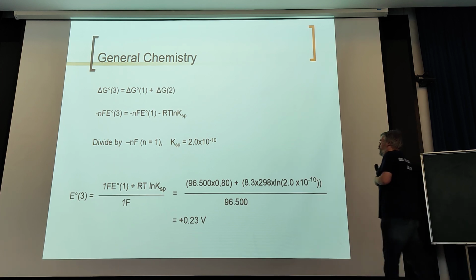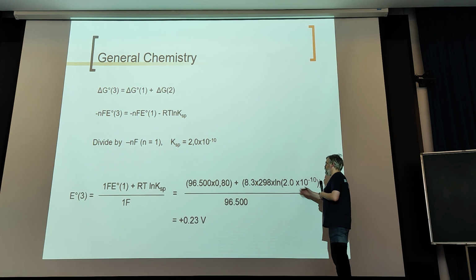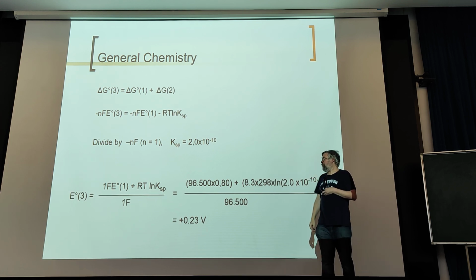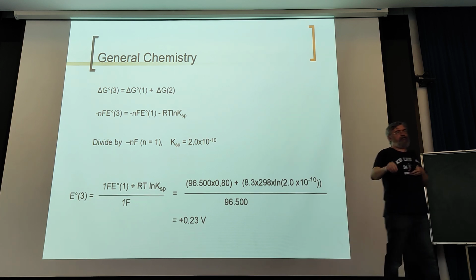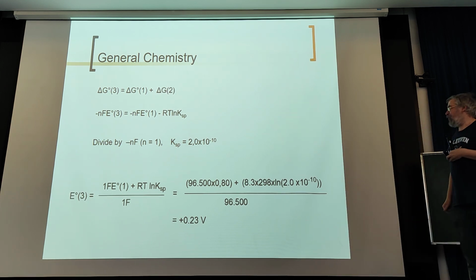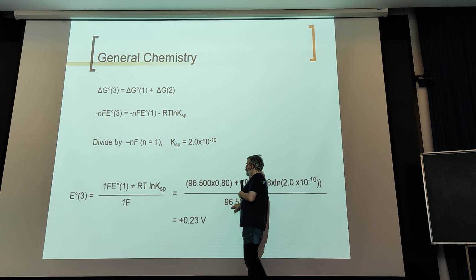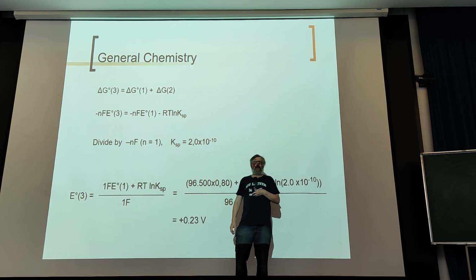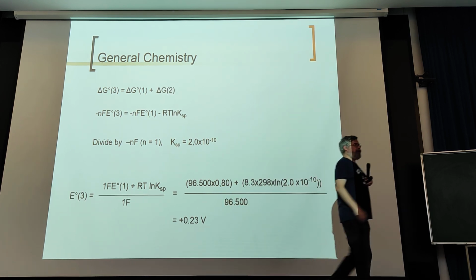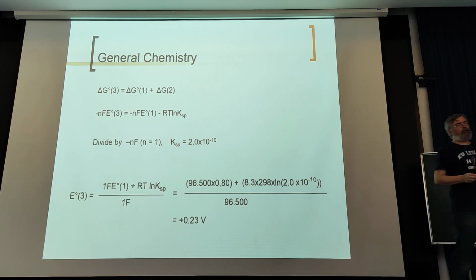And ln KSP is the natural logarithm of 10 to the minus 10. And this we still have to divide by the Faraday constant, 96,500. Yeah, I know this should be a comma. In Europe we use a comma where you would use a point and the other way around.